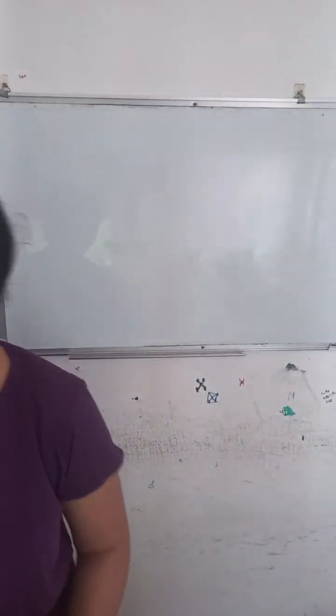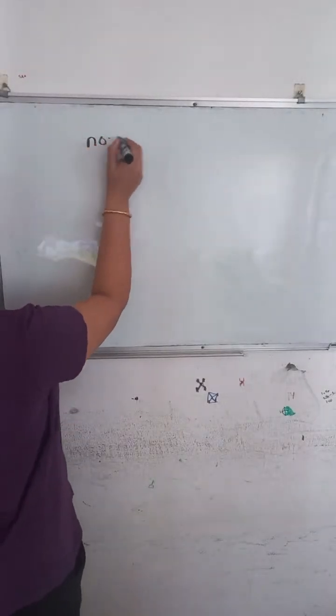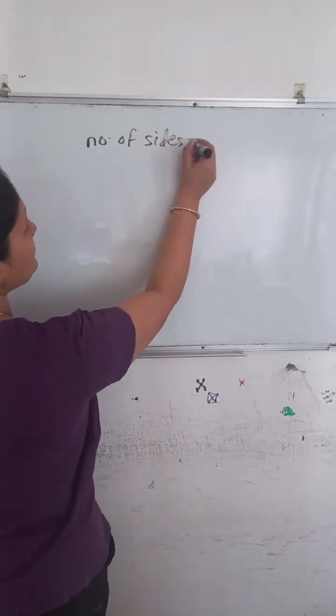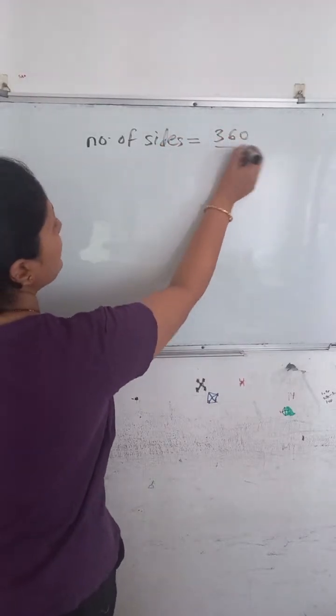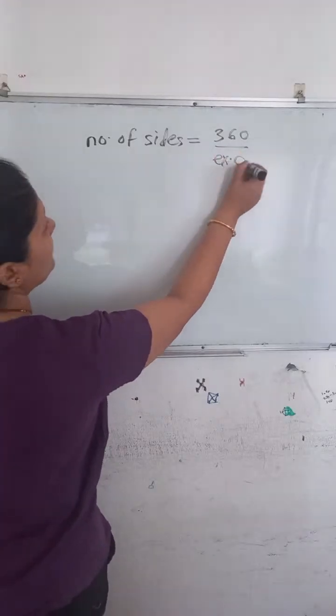Okay. So here the interior angle is given and they are asking how many sides there are. We know this formula: number of sides is equal to 360 divided by the exterior angle.